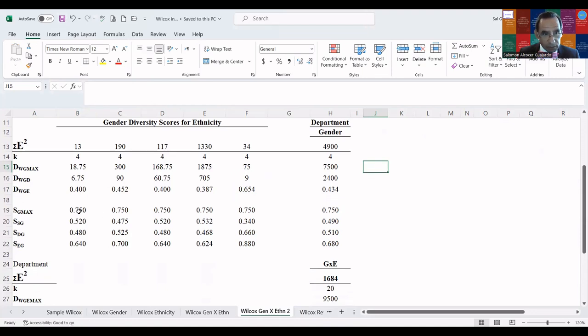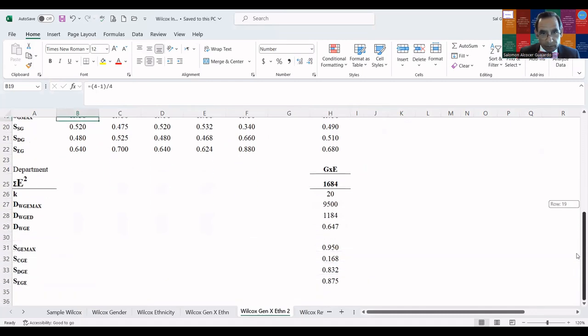Again, for comparison, I calculated the Simpson scores. I can do that by cell, so I can get the level of ethnicity and gender combined. There are 20 cells, so there are 20 groups, 20 categories.